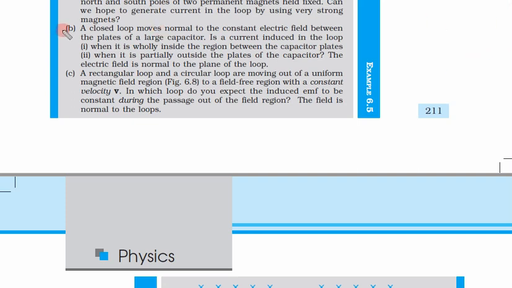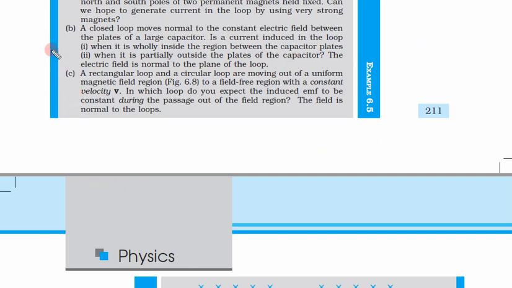The second problem is, a closed loop moves normal to the constant electric field between the plates of a large capacitor. Is a current induced in the loop, when it is wholly inside the region between the capacitor plates, and when it is partially outside the plates of the capacitor, the electric field being normal to the plane of the loop?